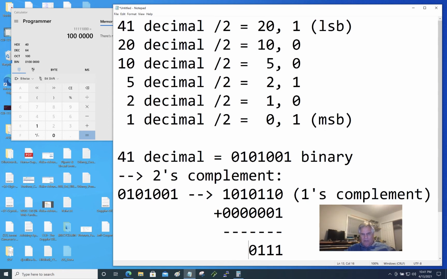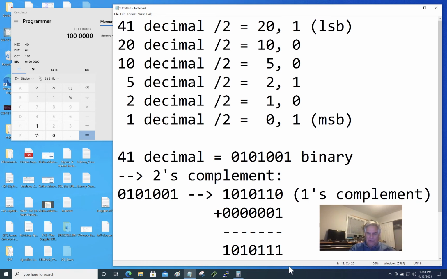I'll come back over here, and I've got a 1 plus a 0. That's going to be a 1. Then a 0 plus a 0, that's going to be a 0. And a 1 plus a 0, and that's going to be a 1. Okay? So this is our new number.